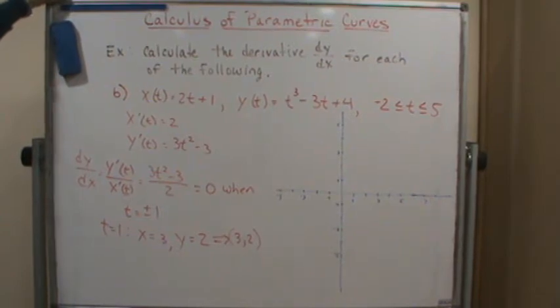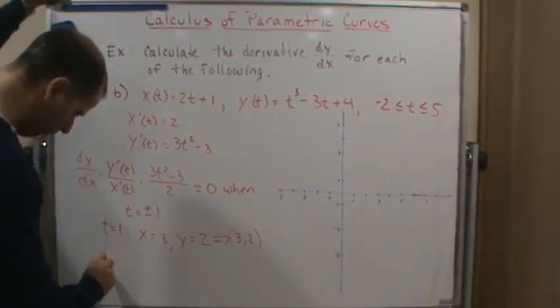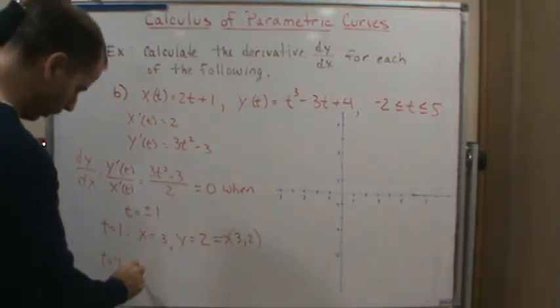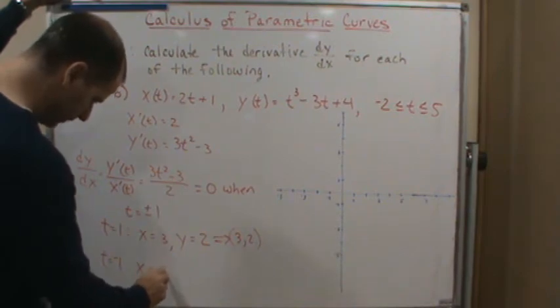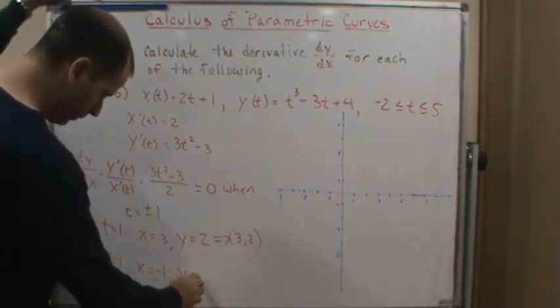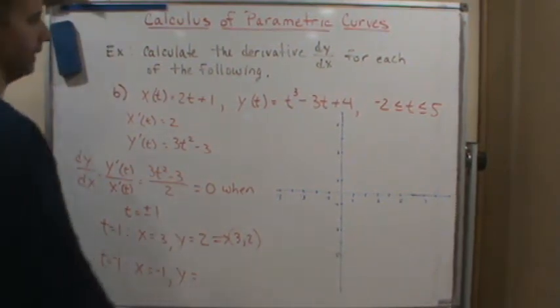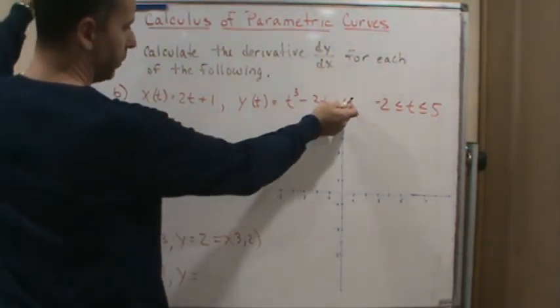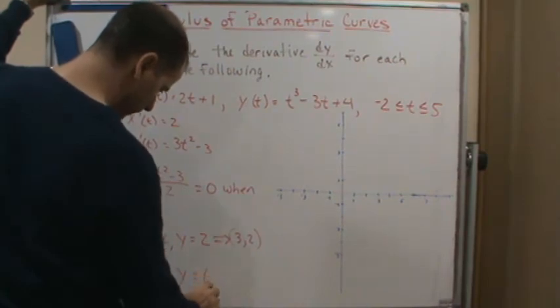Okay? Now, what about when t is equal to negative 1? Well, when t is equal to negative 1, we get negative 1 for x. And we get y is equal to what? Well, this is going to be negative 1 plus 3 plus 4, which is going to give us 6.